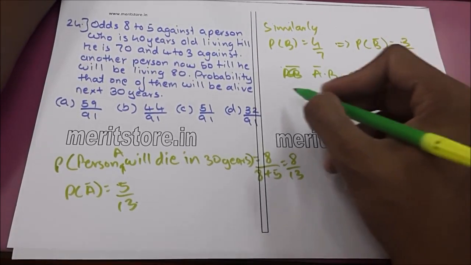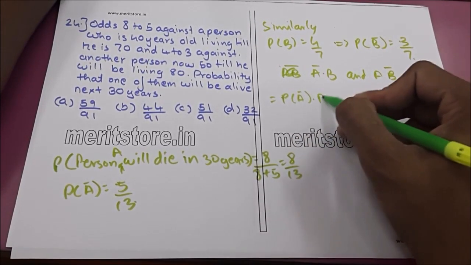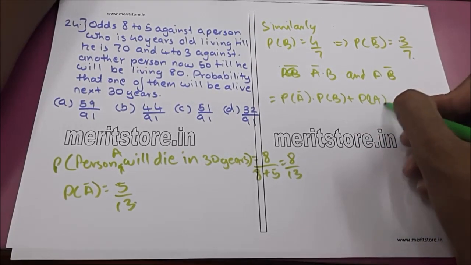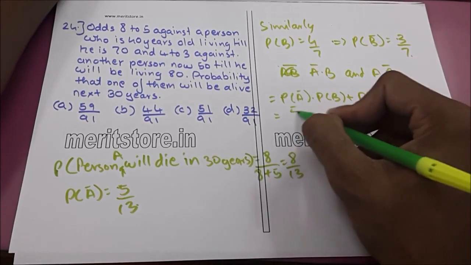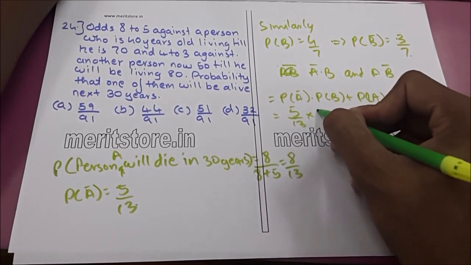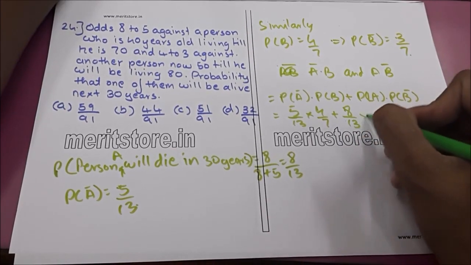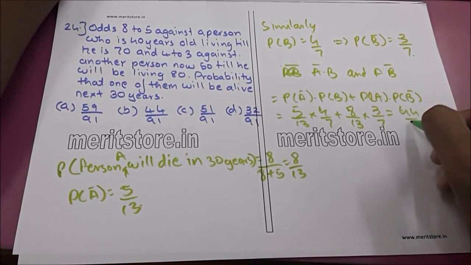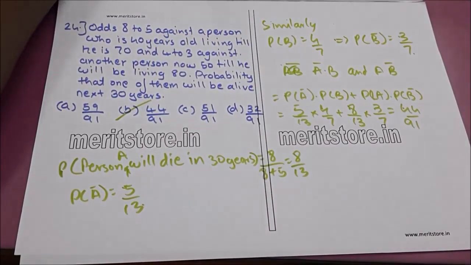So the required probability can be taken as P of A bar into P of B plus P of A into P of B bar, which is equal to 5 by 13 into 4 by 7 plus 8 by 13 into 3 by 7, which is equal to 44 by 91, which is our option B. Option B is the correct answer.